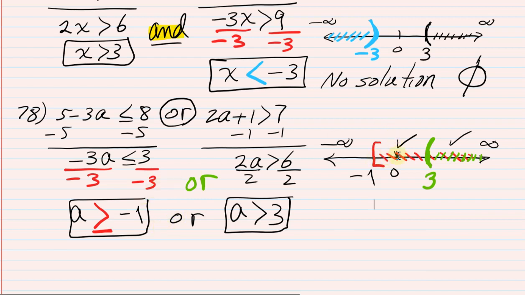Everything from negative 1 to infinity. Although 3 isn't included here, the first inequality is okay with 3. It has no problem with it. So that kind of overrides this one. So all said and done, therefore, the solution to this inequality is going to be negative 1 comma infinity.